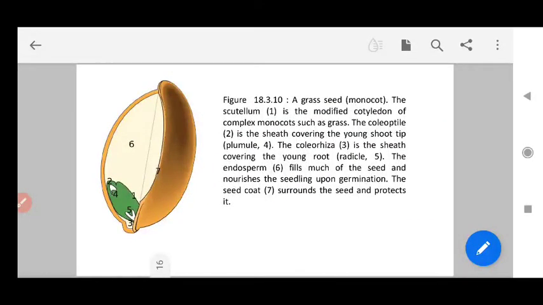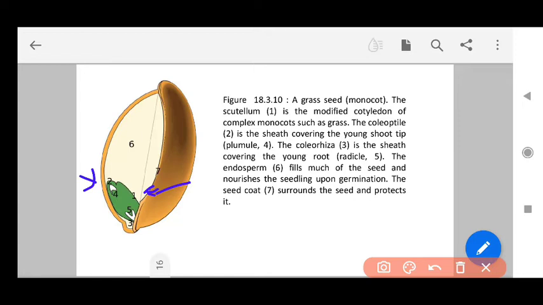In this picture we can identify the following parts of our seed. Number 1 is the modified cotyledon of complex monocots such as grasses, the scutellum, and the second part is the coleoptile.